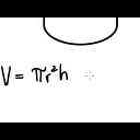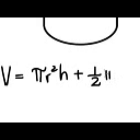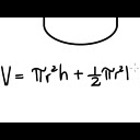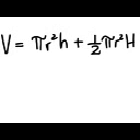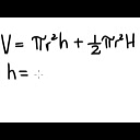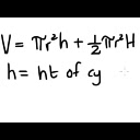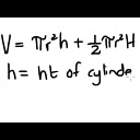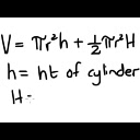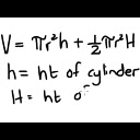The volume is pi r squared h plus 1/3 pi r squared times capital H. Remember, when they give you this formula, they're going to tell you what is what. The small h is the height of the cylinder, and the capital H is the height of the cone.